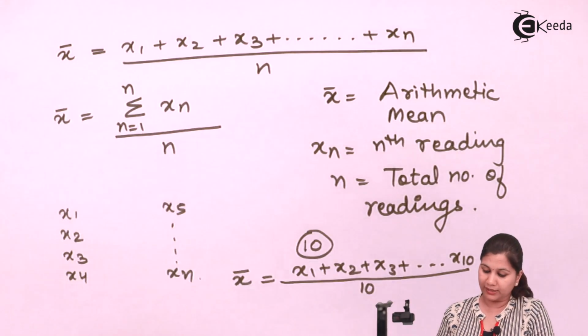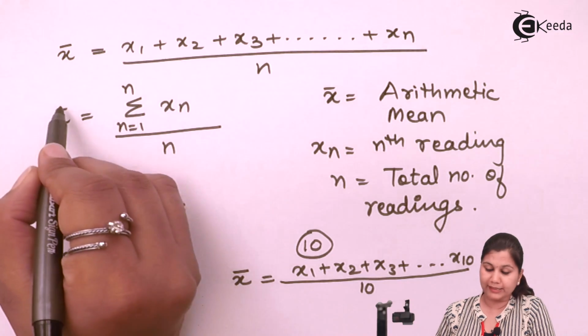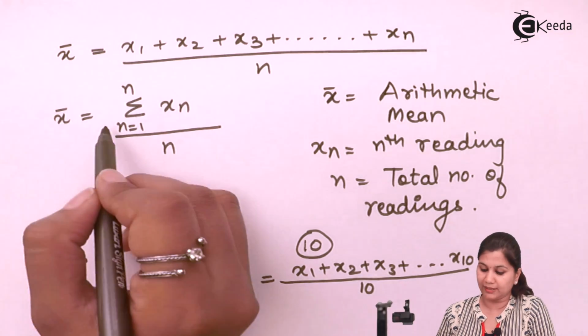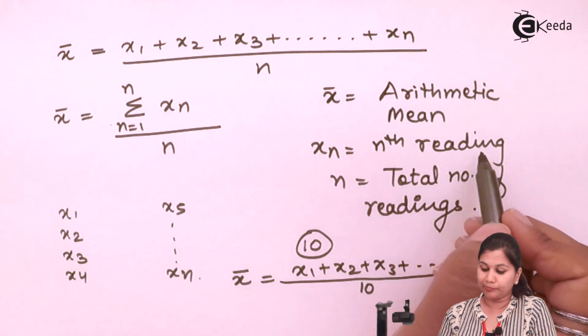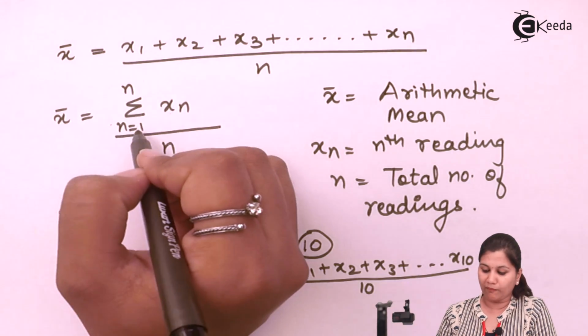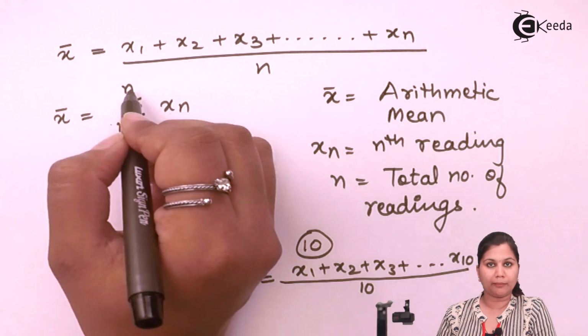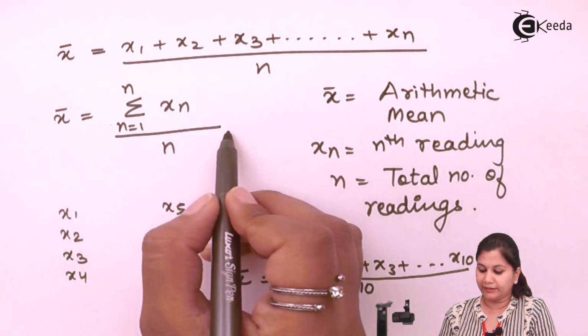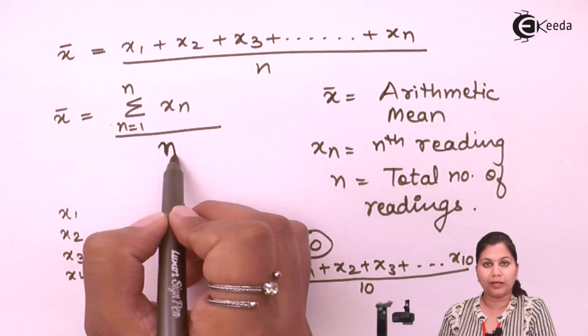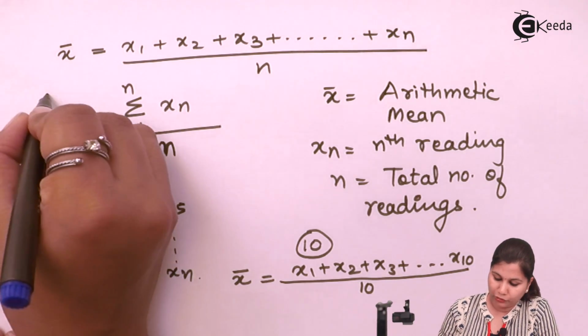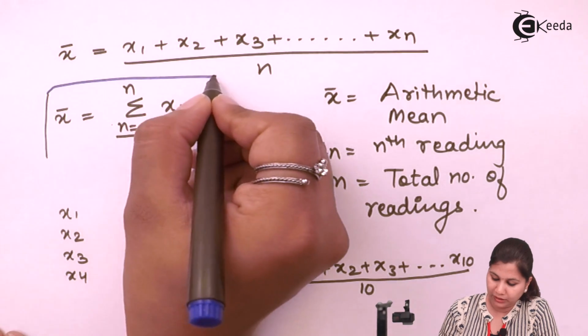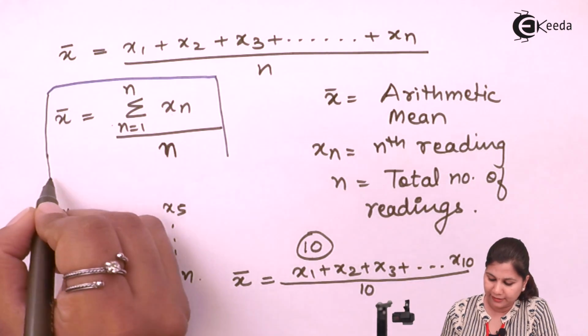So x bar, the arithmetic mean, is the summation of xn, the nth reading, where n varies from 1 to n, the total number of readings, divided by n, again the total number of readings. This is how we can mathematically obtain the arithmetic mean of the readings taken.